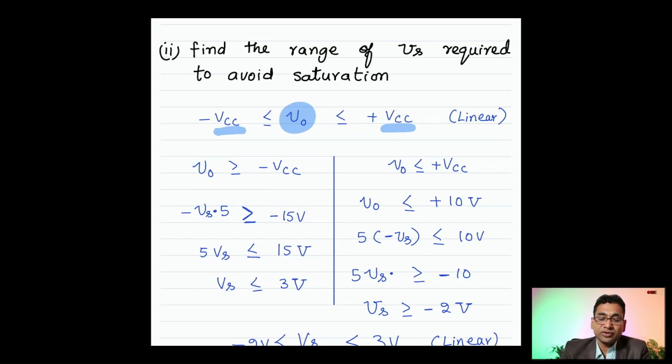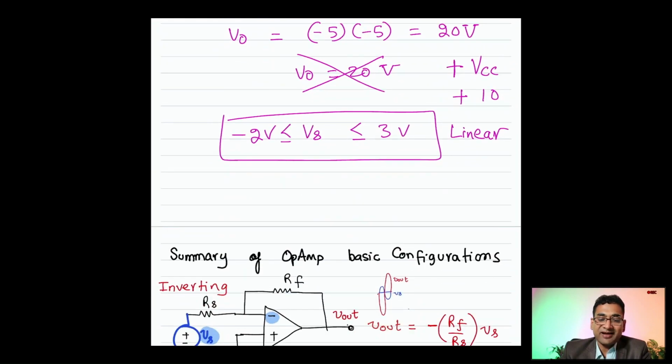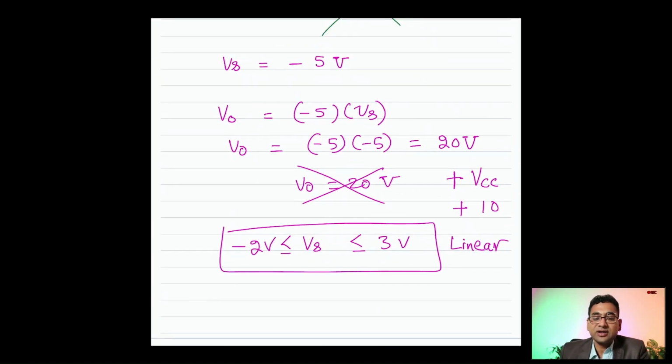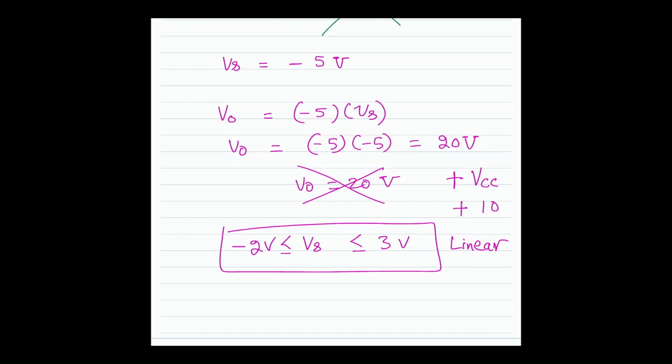Once you solve that, you get numerical values for the limits of the V source. We'll stop there. It's a really interesting problem. We'll look at more example problems later on.